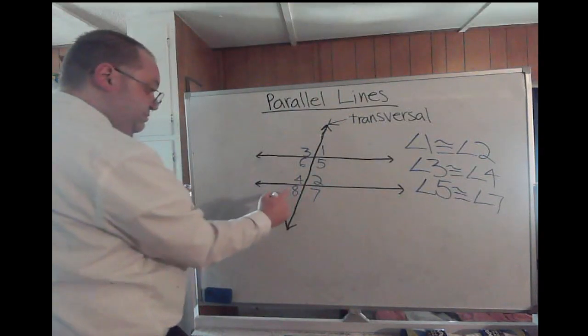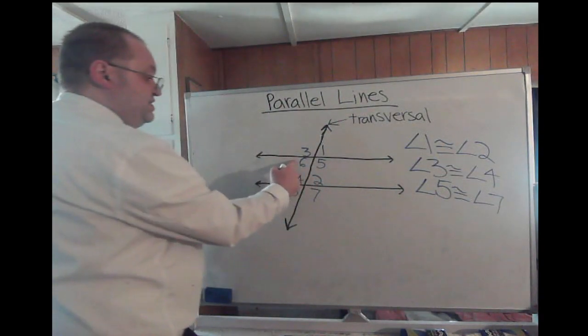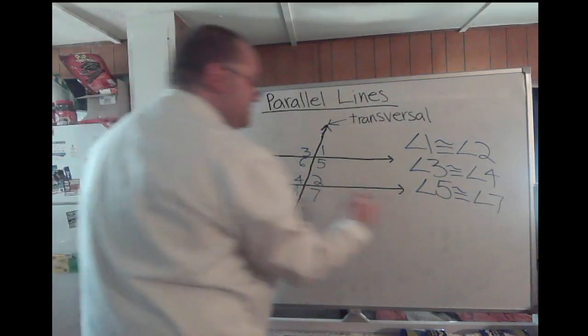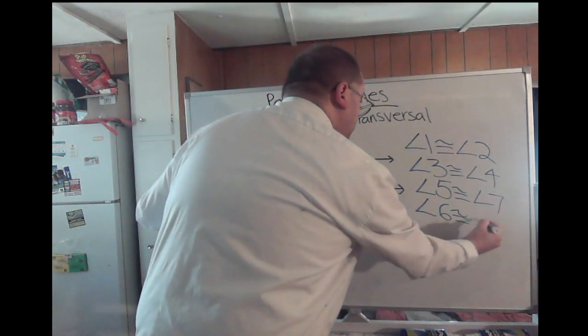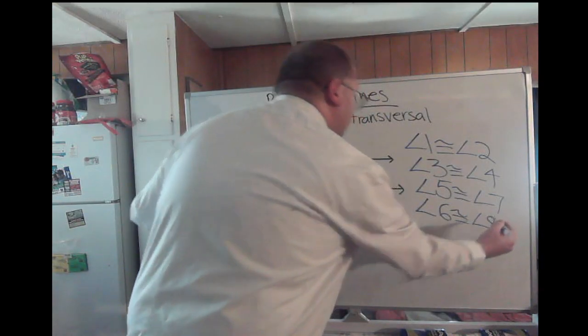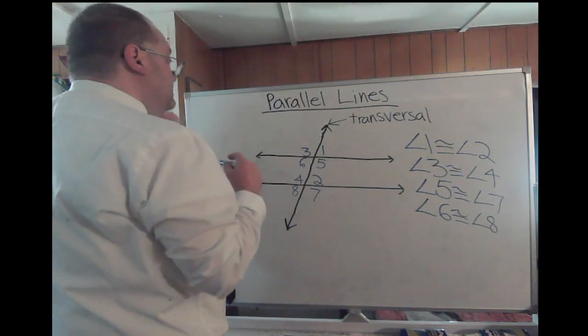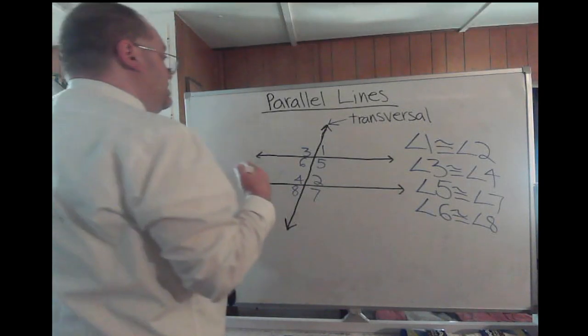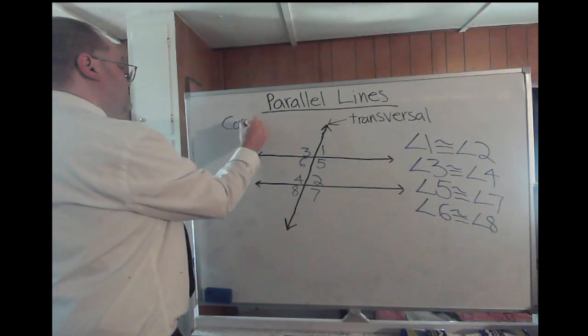Then angle 6 would be congruent to angle 8 because angle 6 is on the same part of the line as angle 8 is on that line. So, these are called corresponding angles.